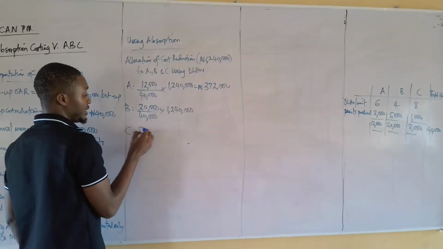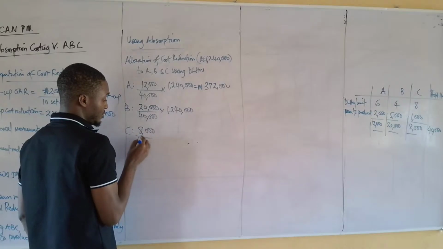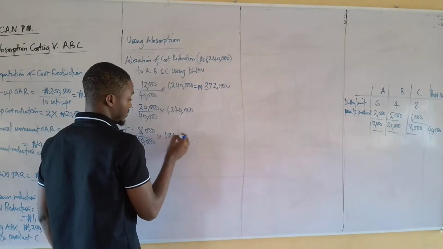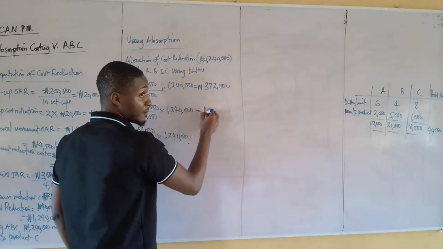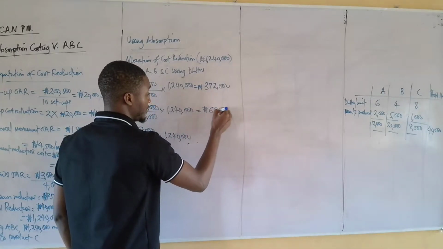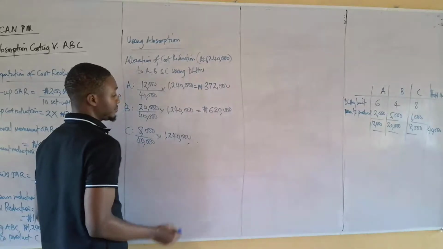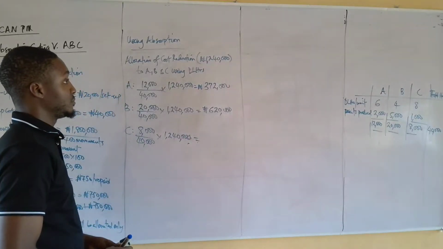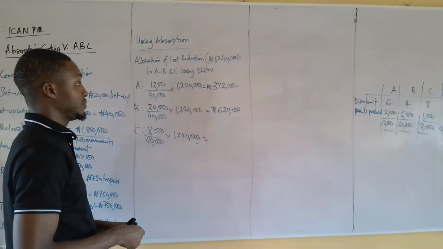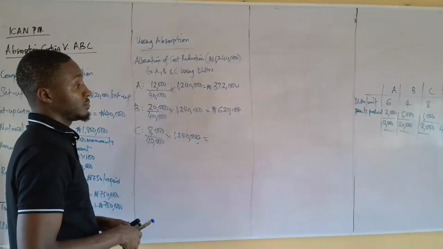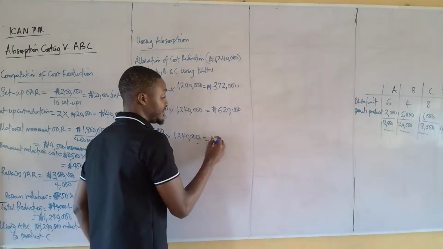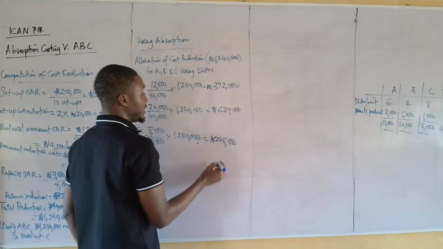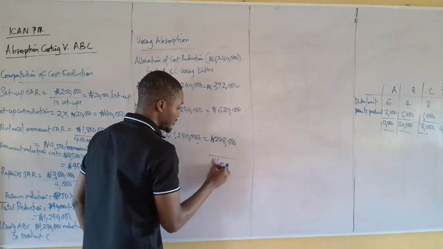So it will be 8,000 over 40,000, and then 250. Calculate the three. It will still give you 1,240.